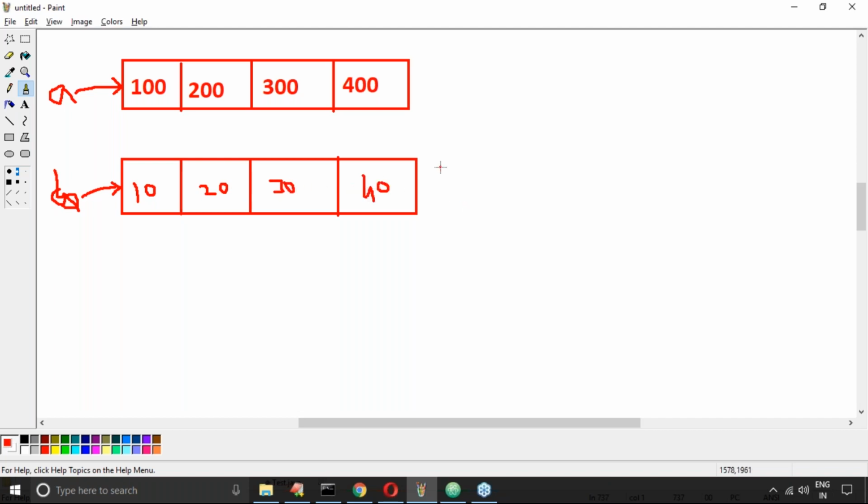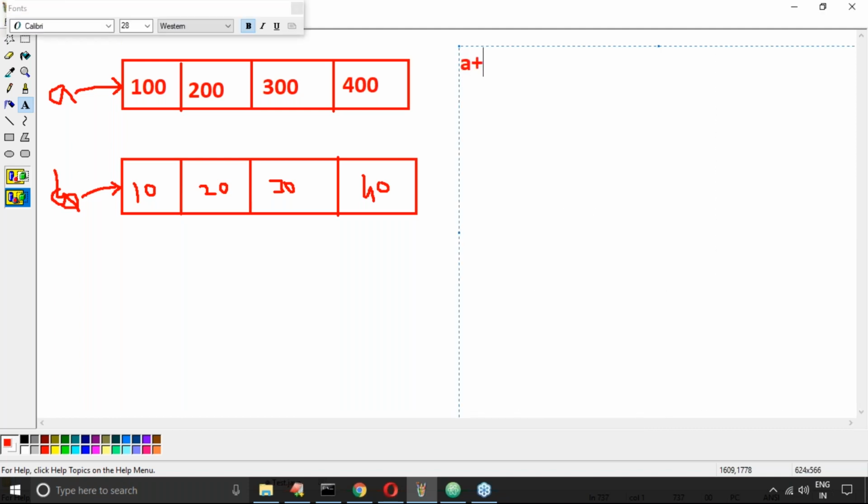So A plus B, is it acceptable or not? Yeah, why not? In this case, 100 plus 10 is 110, 200 plus 20 is 220, 300 plus 30 is 330, and 400 plus 40 is 440.